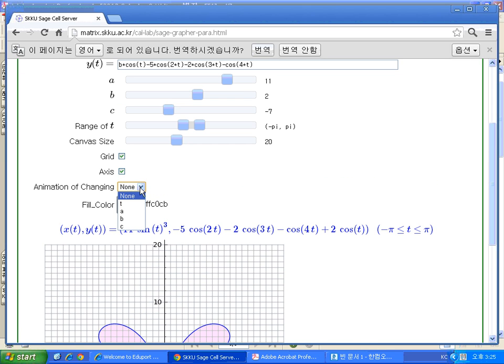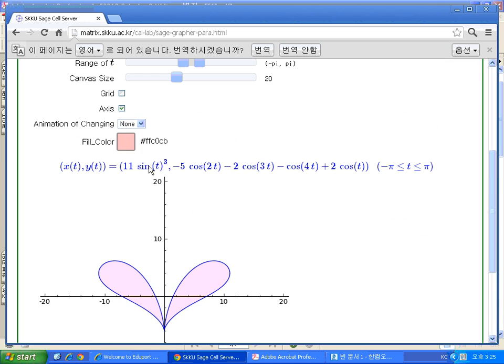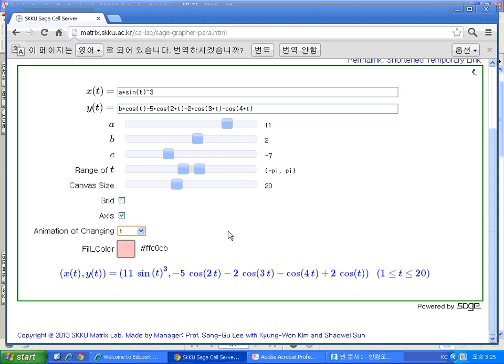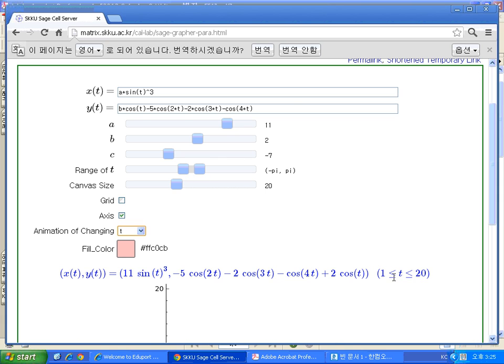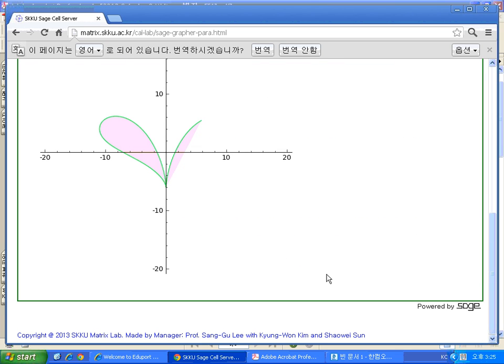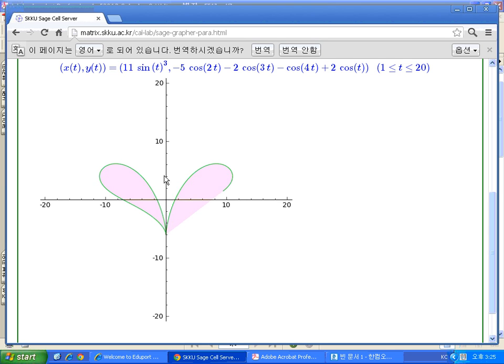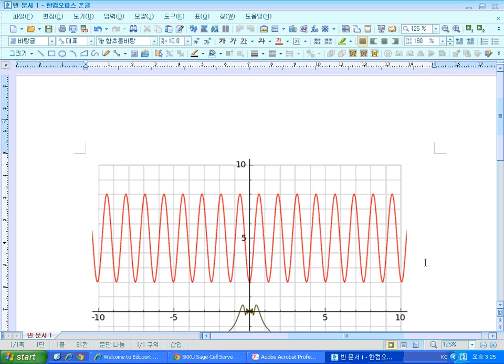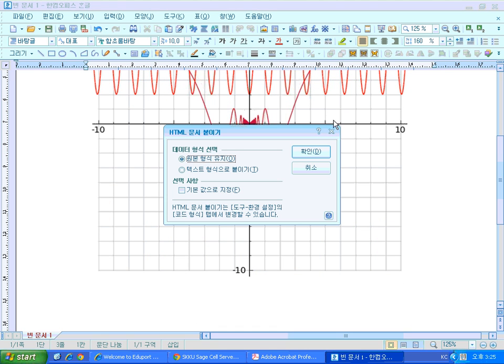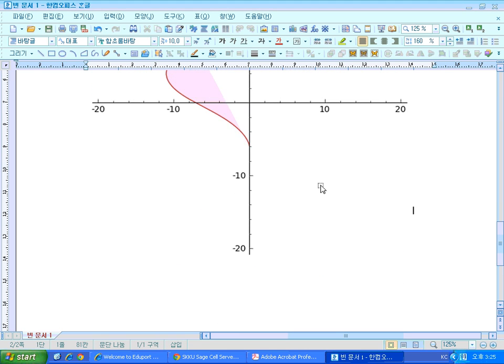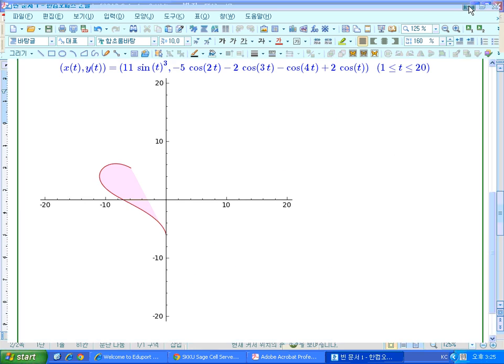And also you can delete the grid, and you can see the changes of this graph as time t changes from 1 to 20. You see? So you can draw the most beautiful heart as you wish here. And then you can send it to your lover. Okay.